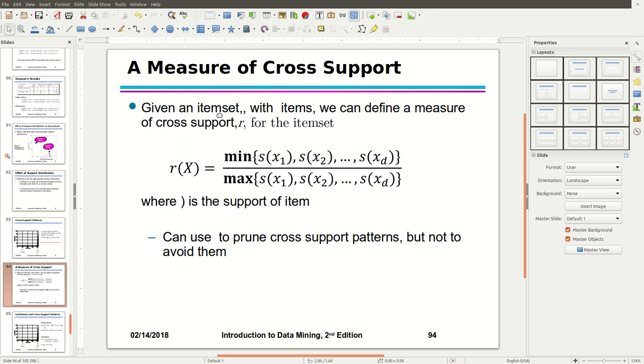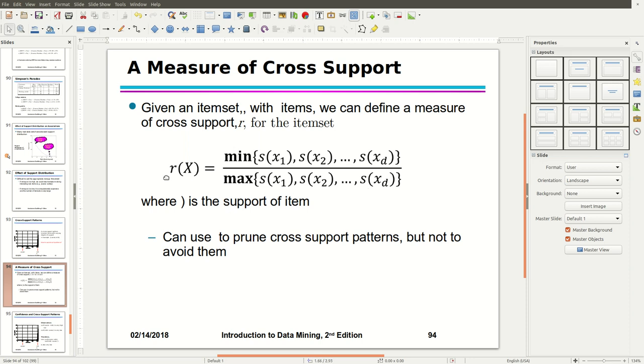Given an item set with items, we can define a measure of cross support R for the item set as this formula, where we take the supports of individual items, and we want the minimum support and maximum support of all items, and then we get a ratio of that.